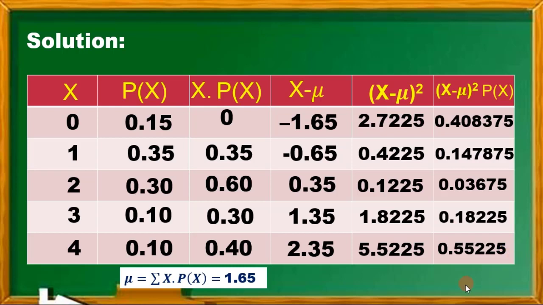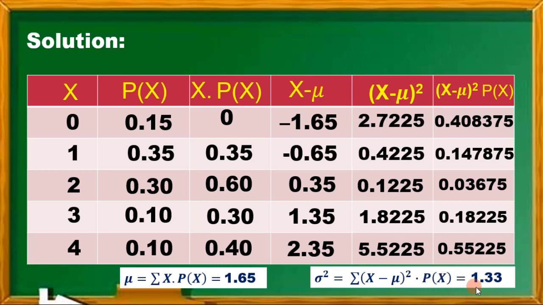Then finally, sigma squared is the sum of the 5 values in the last column here. If you verify using the calculator and round it off to 2 decimal places, sigma squared is equal to the summation of the last column, and the last column indicates this expression x minus mu quantity squared times the probability of x, and that is 1.33.